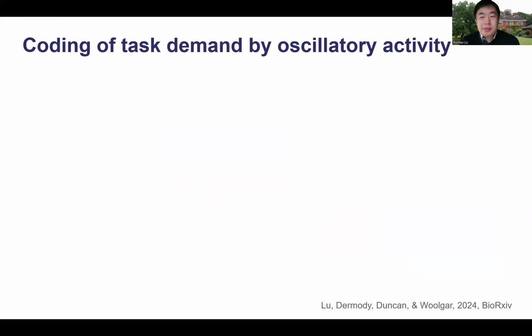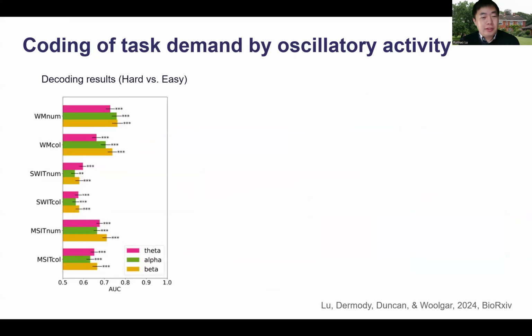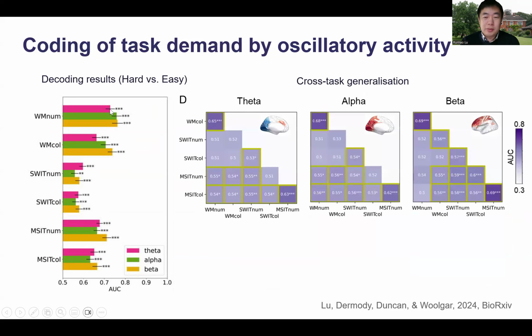And how about oscillatory activity? We found that all three kinds of frequency power, theta, alpha, and beta, can still decode hard versus easy, although with a bit lower decoding performance than aperiodic signals. When we look at cross-task generalization, we find that they can still be generalized across some of the tasks, but not all.